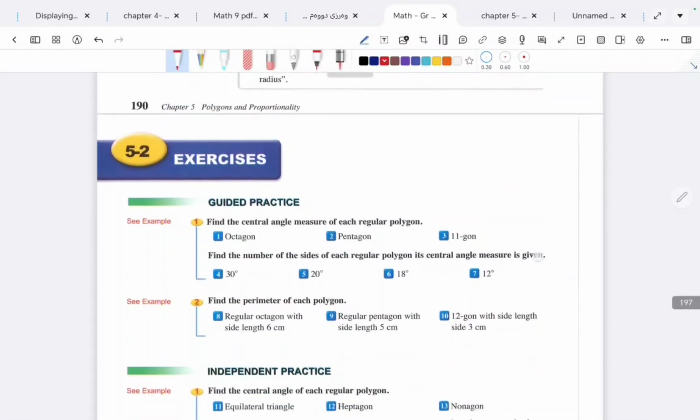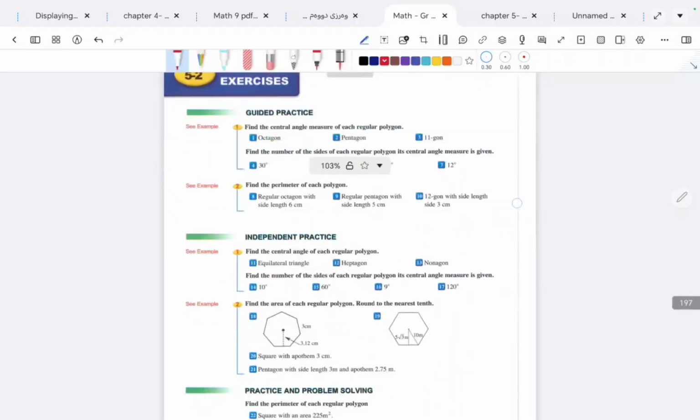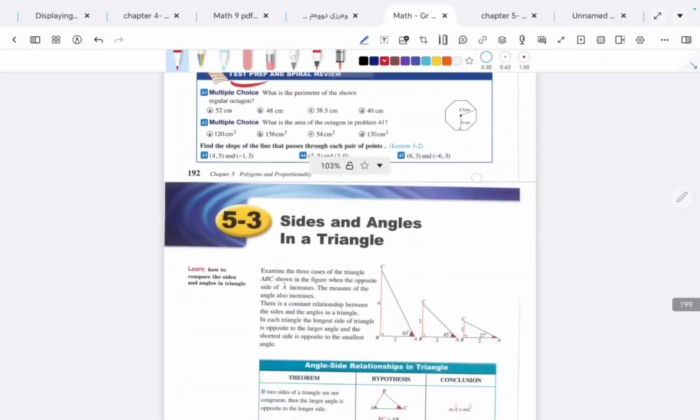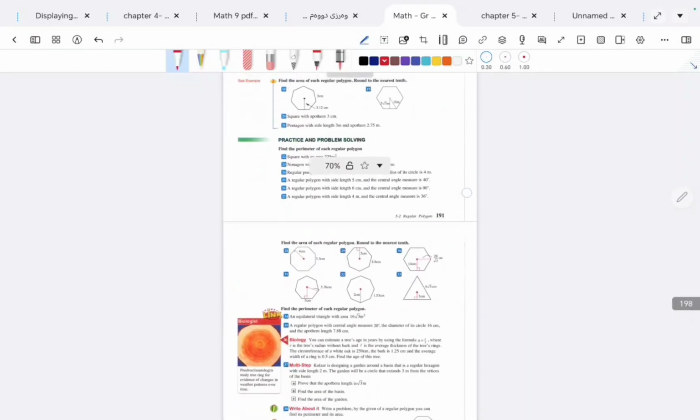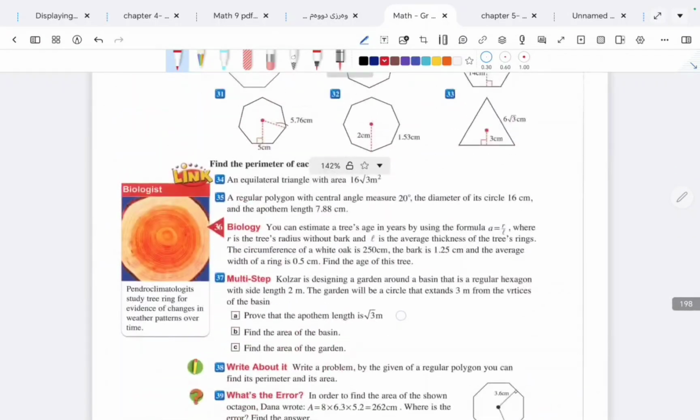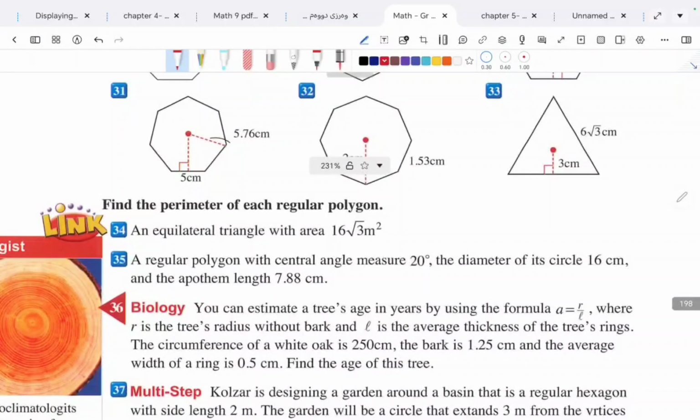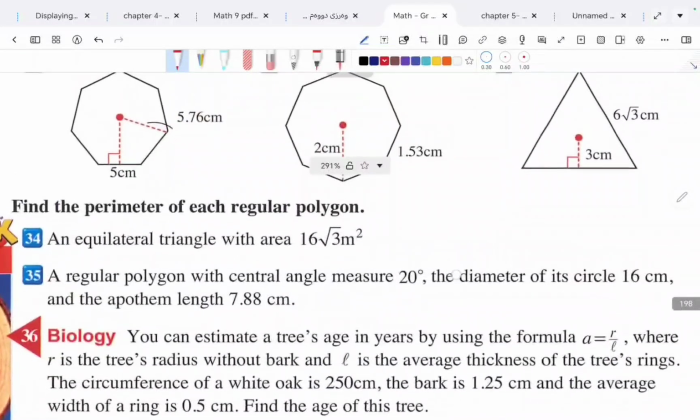Let's solve the exercise. Before I solve the exercises, I have one question. It's about an equilateral triangle. For an equilateral triangle, we have a specific rule again.